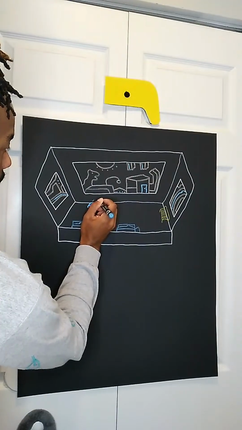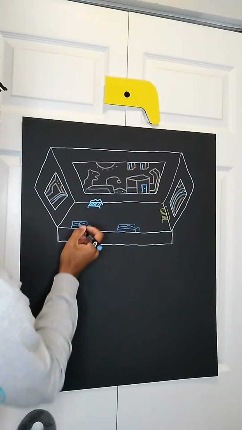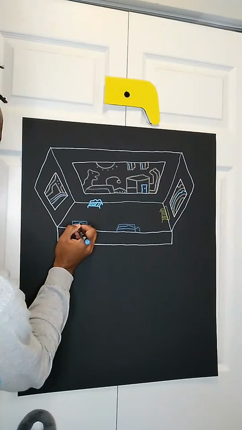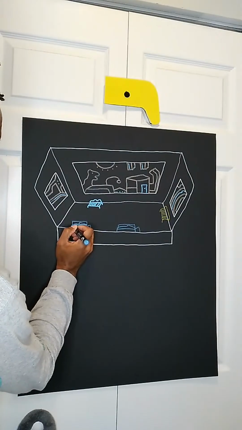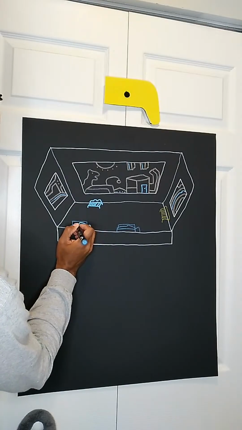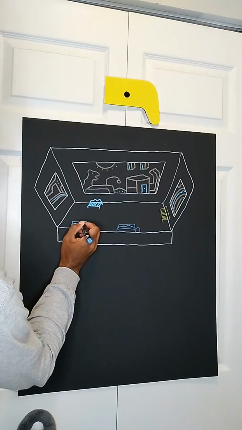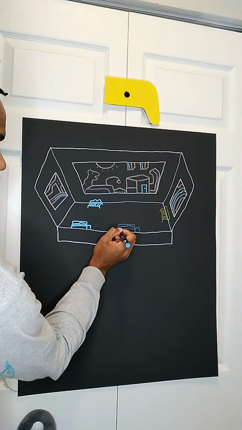So let's say we're going to visit somebody. We don't know what it'll take for us to get there, but we have the potential energy to get there. If we walk, it'll take us a decent amount of time.